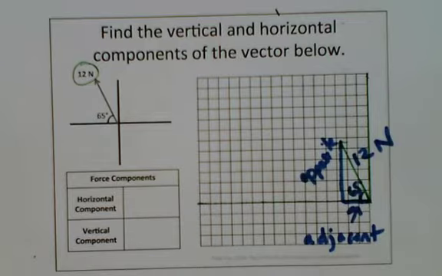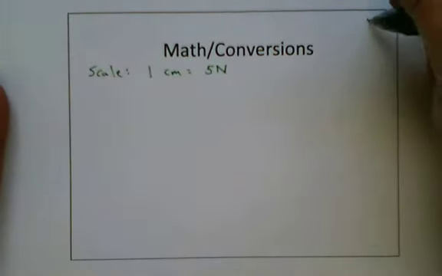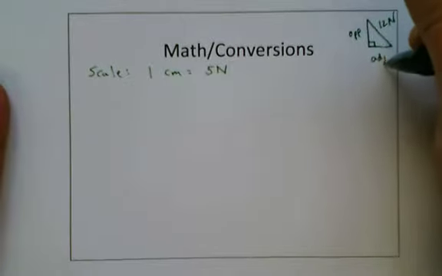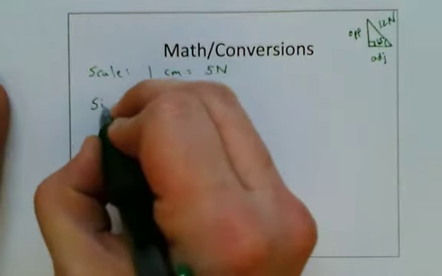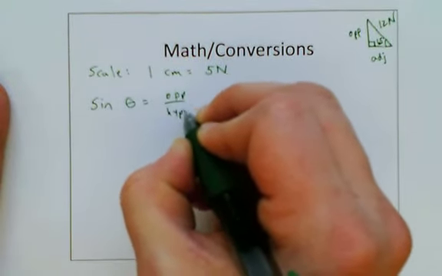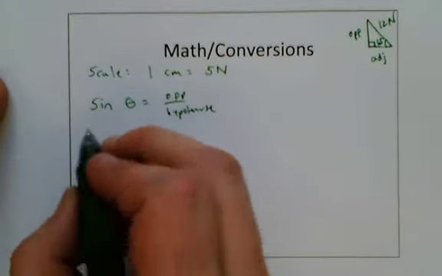Now I use my trig. Now I go down to the bottom to figure out the two components. Remember, we have a 12 Newton force. The opposite side is over here, adjacent is here, for the angle here, which is 65 degrees. We remember that sine theta equals opposite over hypotenuse. We know theta and we know the hypotenuse.